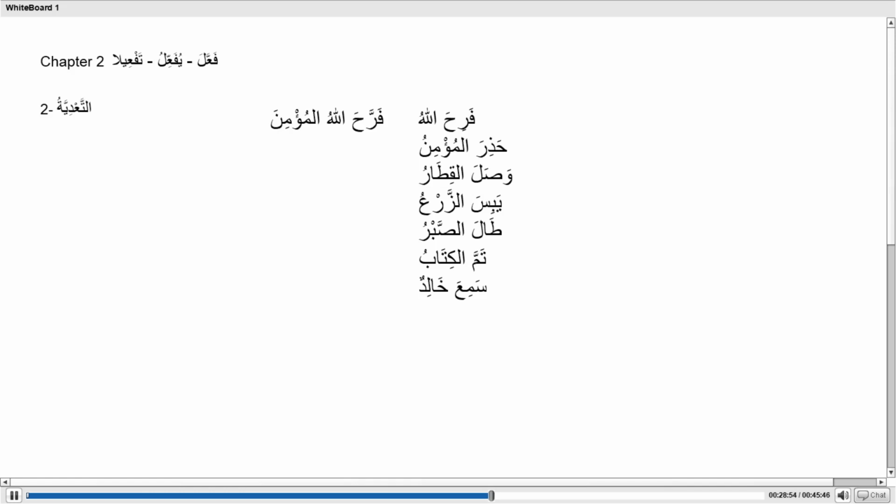واضح؟ طيب. حذر المؤمن. Now, حذر المؤمن means the believer was cautious. Okay? So, now you want to say that the believer made someone cautious, as in warned.